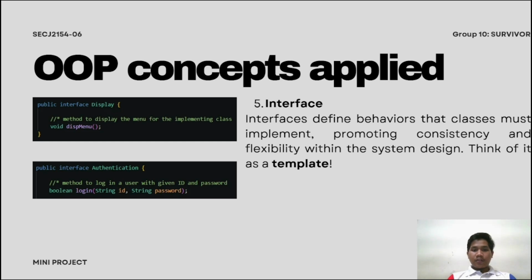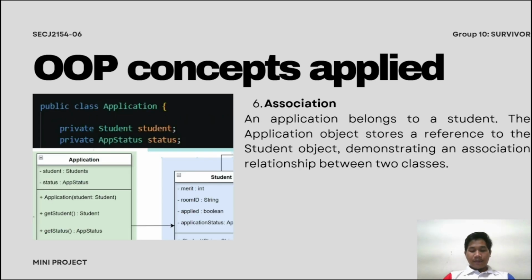The next concept is the interface. Interfaces define behaviors that classes must implement, promoting consistency and flexibility within the system design. Think of it as a template. Next, the concept that we apply is association. An application belongs to a student.